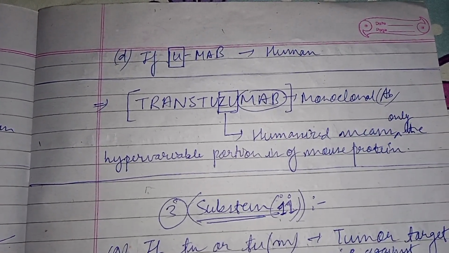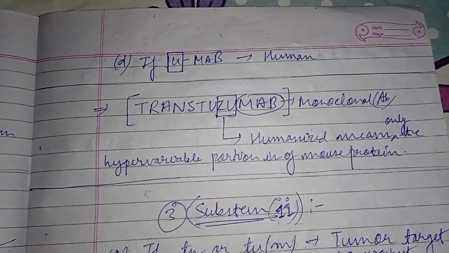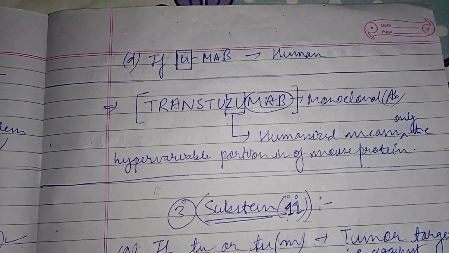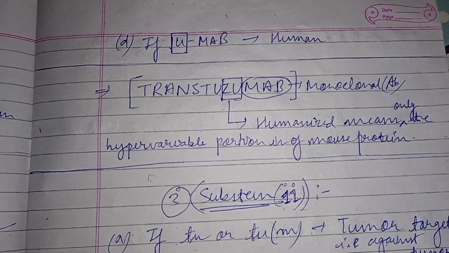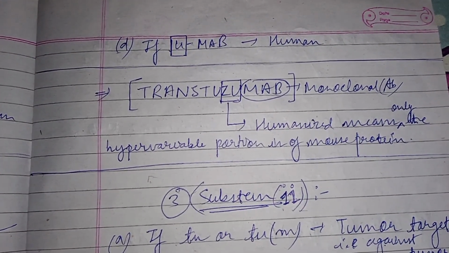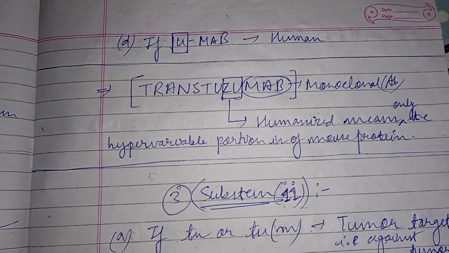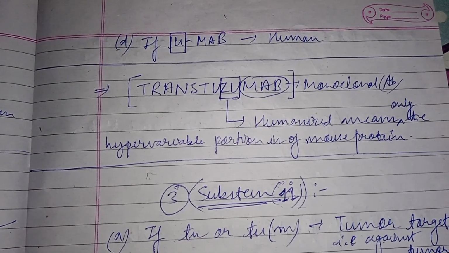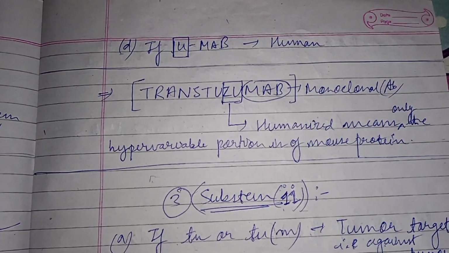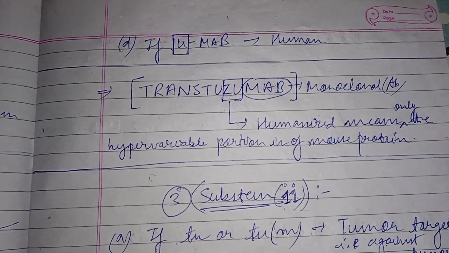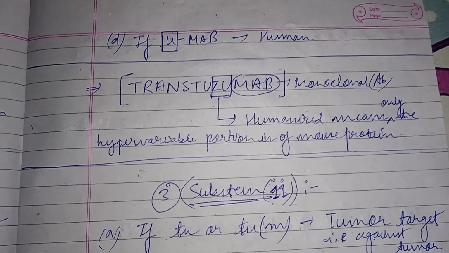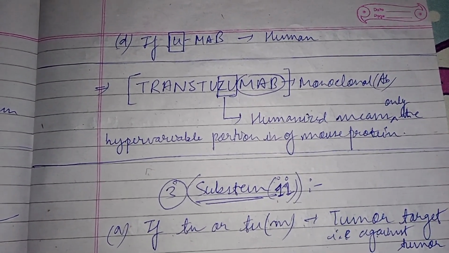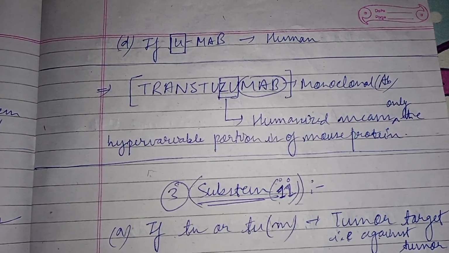So after looking into the substem 1 portion, let's try to decode the term trastuzumab again. The last three alphabets are already decoded. It tells us about the monoclonal antibody, its stem, which is fixed. Then the ZU part tells us that it is humanized, meaning only the hypervariable portion of the antibody is of mouse protein.